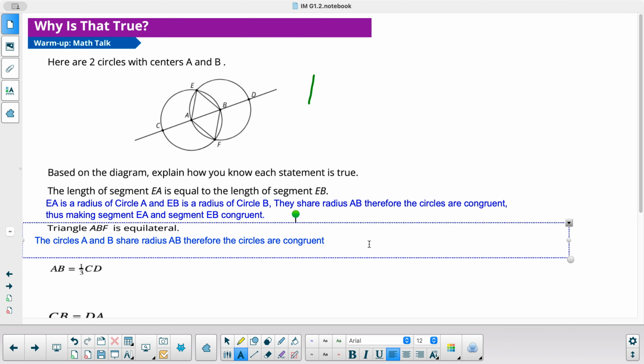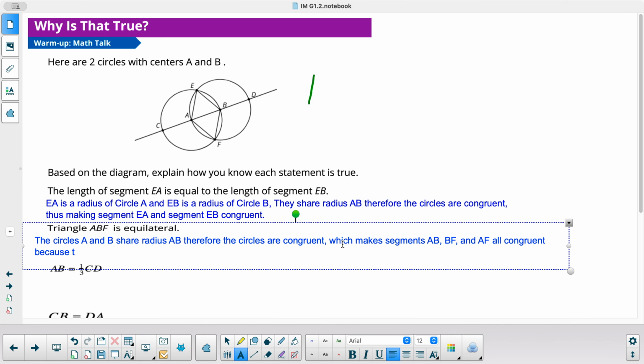So therefore, the circles are congruent, which makes segments AB, BF, and AF all congruent because they are radii.